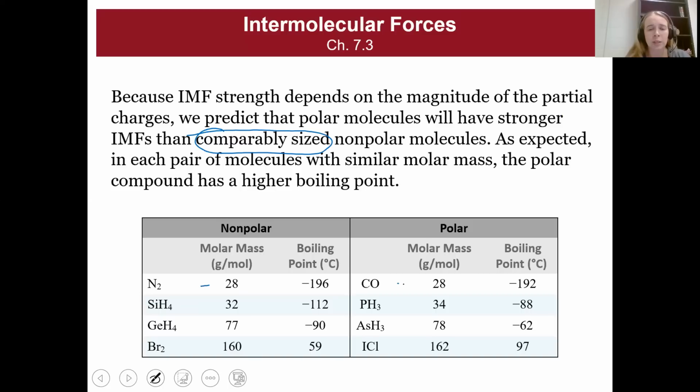So N2 and CO both have a molar mass of 28, but carbon monoxide has a slightly higher boiling point. SiH4 versus PH3, they're about the same, 30-ish grams per mole molar mass, but we get a higher boiling point for the polar one. We keep going, and we see that same trend. The polar ones have higher boiling points when we're comparing similar sizes.